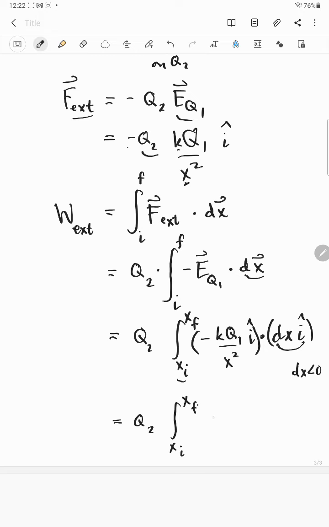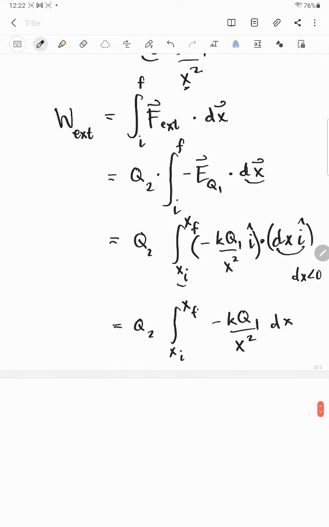We've got a minus kq1 over x squared dx. So this is the result of doing the dot product. And then we've got q2 multiplying the result of this integral. So negative 1 over x squared dx, when you integrate it, becomes positive 1 over x.